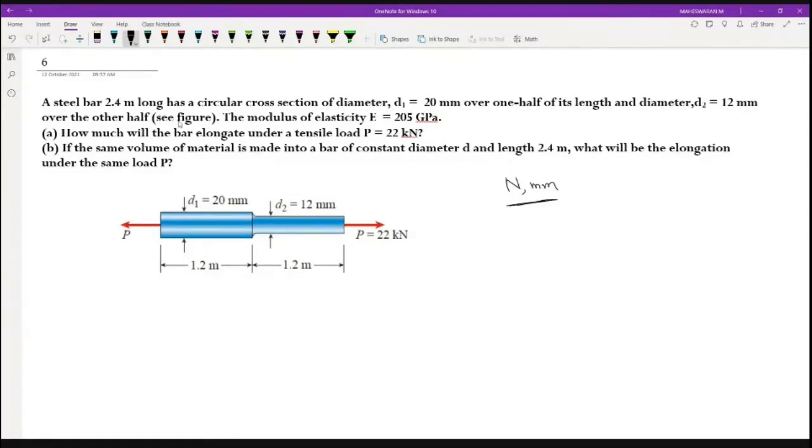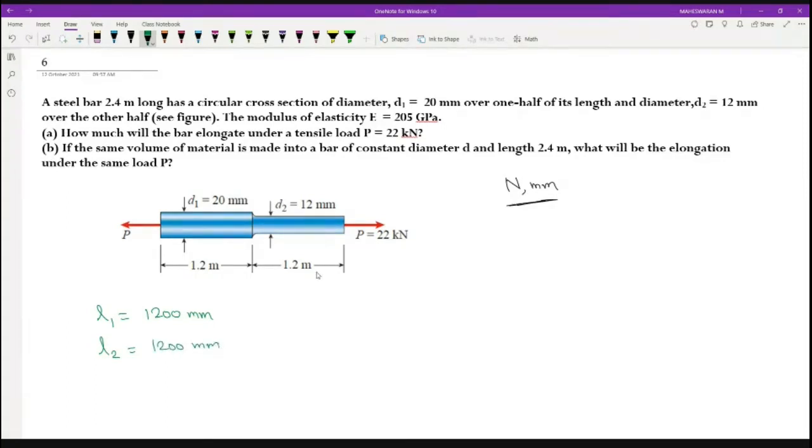In the given data, you have length, right? Since the cross section area is different, I'm going to split it into two different lengths, L1 and L2. My L1 is 1.2 meter. If I write it in mm, it is 1200 mm. Similarly, L2 is also the same, 1200 mm.